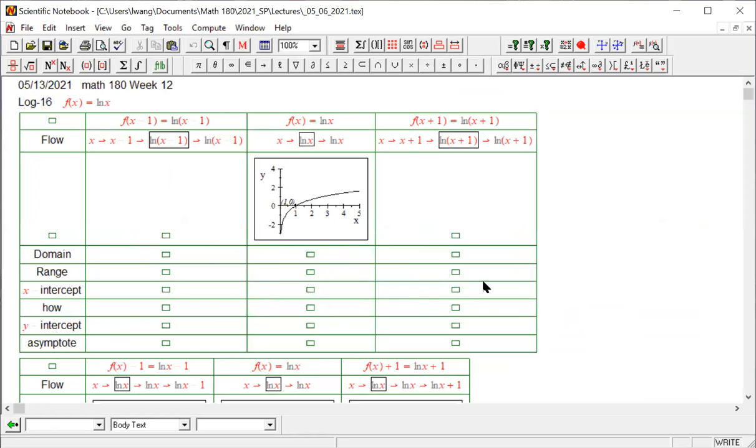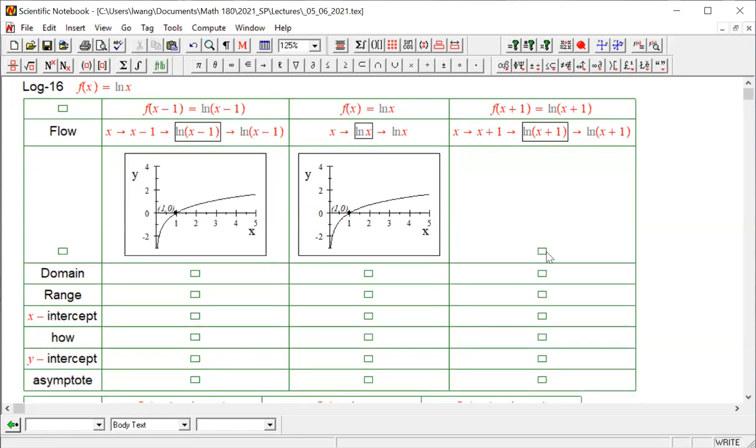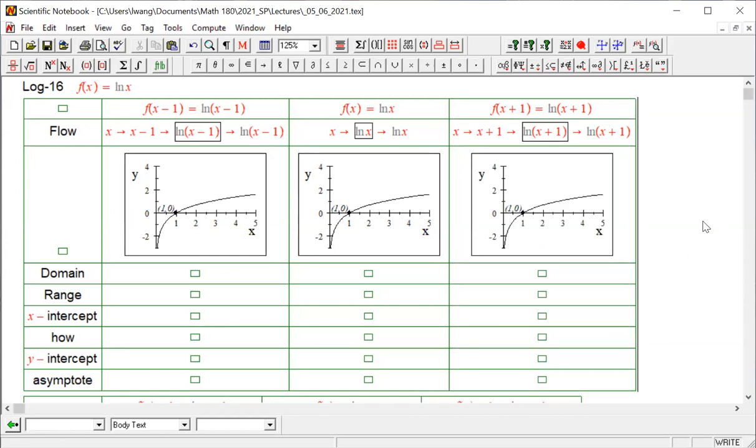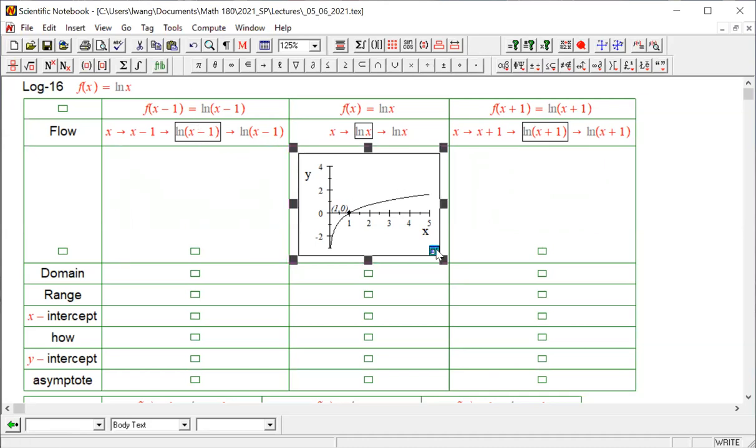Okay, it's the same story. 125%. So I'll do this. I'm going to change the scale.